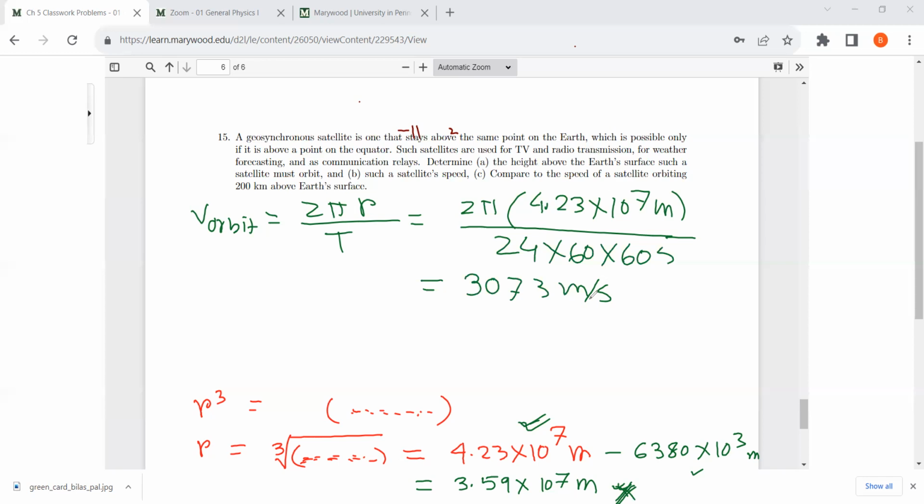Now it is far from the earth, about 35 or 36,000 kilometer, far from the surface of earth. So as it is far from the earth, the speed is less.